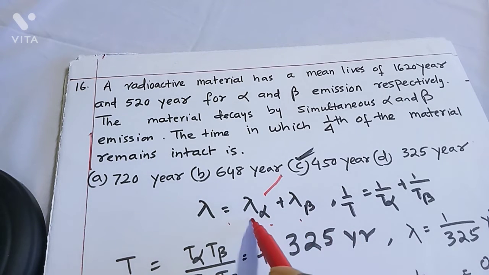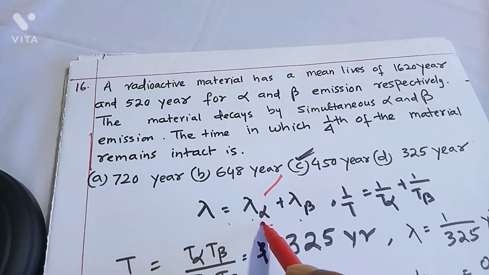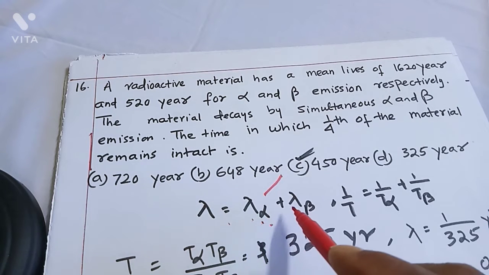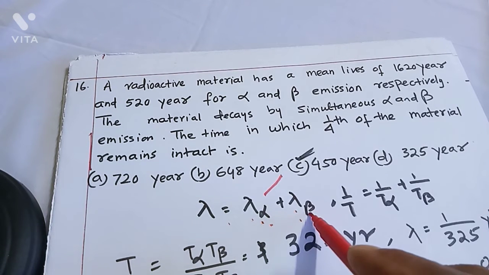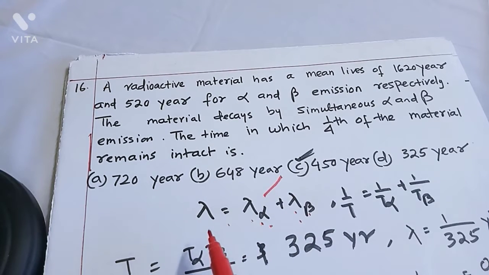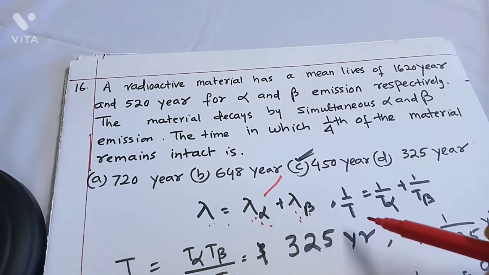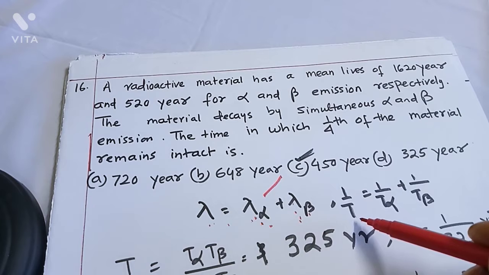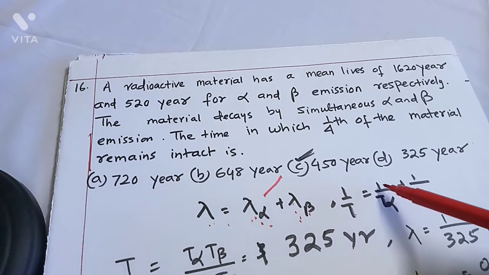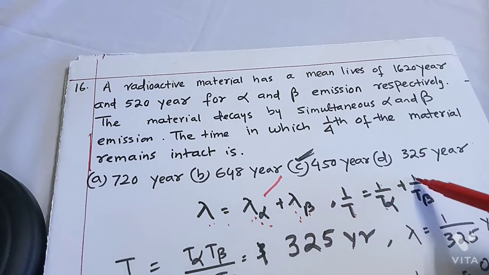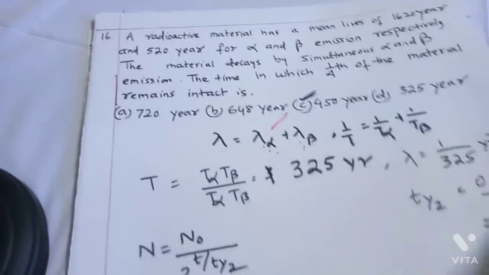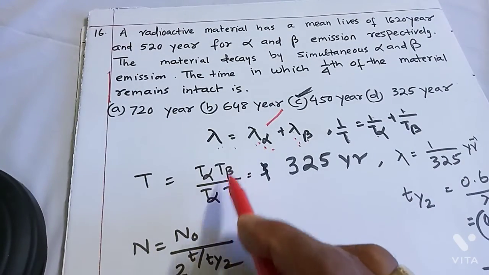That is, if lambda alpha is the decay constant for alpha emission and lambda beta is the decay constant for beta emission, then the effective decay constant is lambda equal to lambda alpha plus lambda beta. And if T is the mean life, then 1 by T equals 1 by T alpha plus 1 by T beta, that is the mean life is T alpha into T beta by T alpha plus T beta.